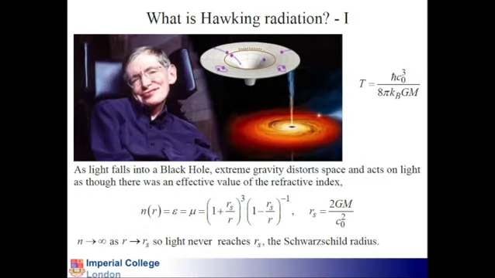So, what is Hawking radiation? Hawking showed that if you look at the Schwarzschild metric in the presence of a black hole, then the metric has this form here as a function of the radius.